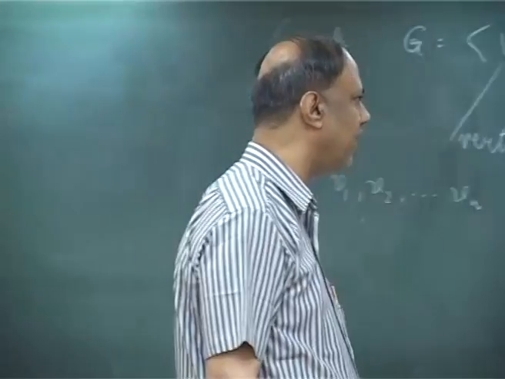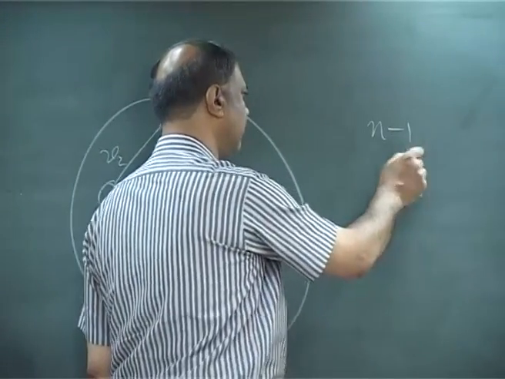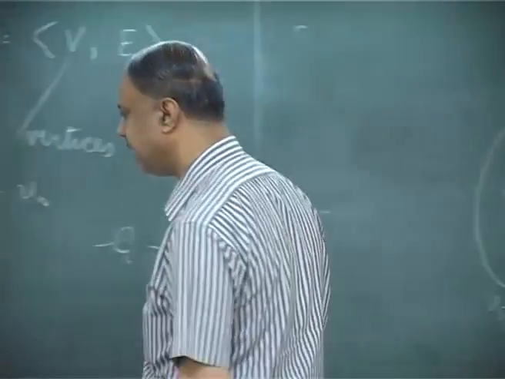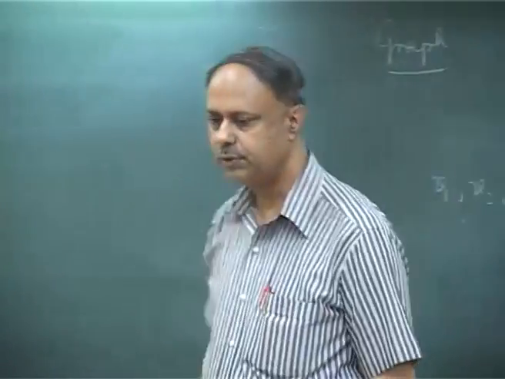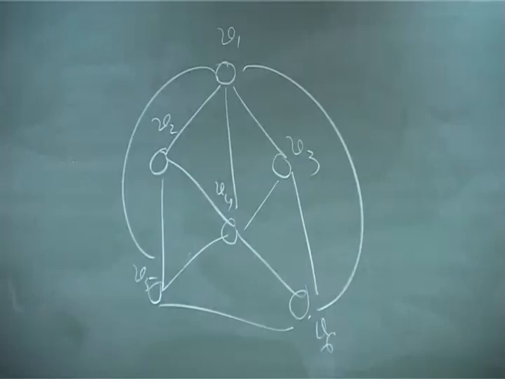If you have n nodes, the number of edges will be n minus 1 in the tree, because it is a connected acyclic graph which needs n minus 1 edges to maintain the connectivity. And if I add one edge, then it will become a cyclic graph. So that is all about graph and tree, and we are just defining these so that while discussing our parallelism, you don't face much problem.